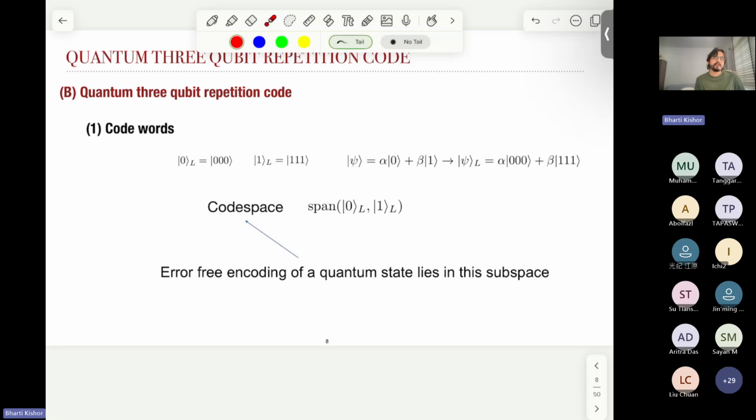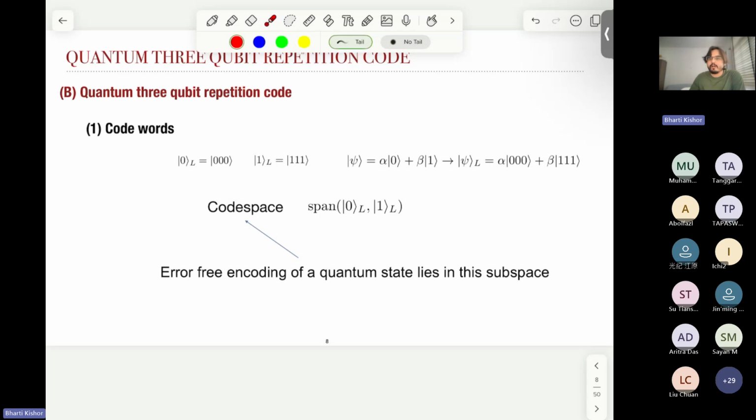But to understand what we are talking about in this session, we don't need to worry about those other things. So that's the part about classical error correction.